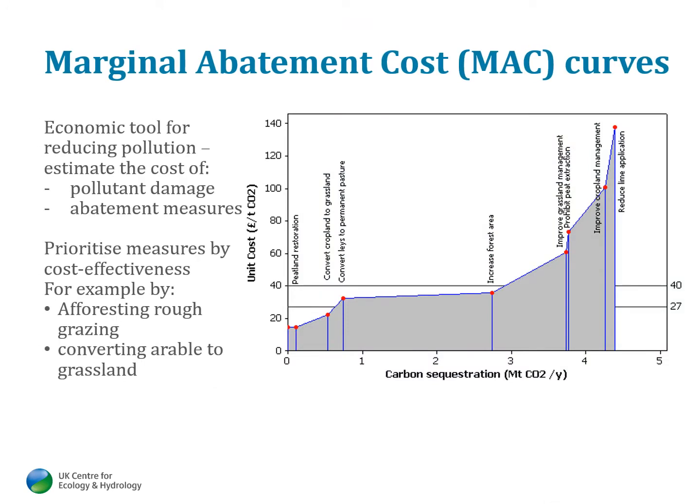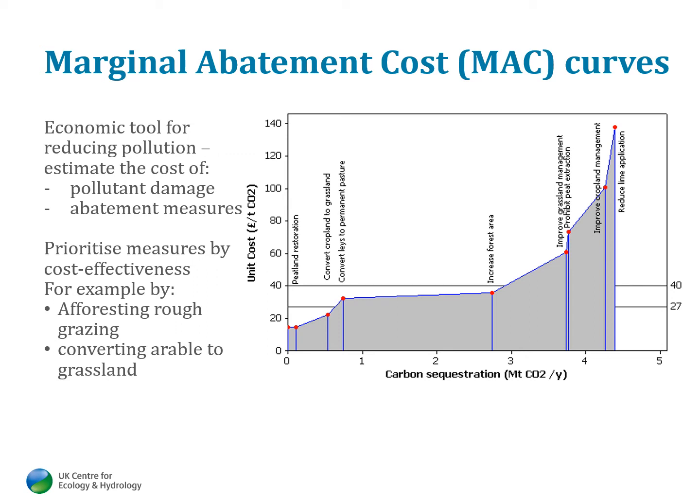Marginal Abatement Cost curves, or MAC curves, are an economic tool for reducing pollution in some kind of economically optimal way. To construct these, we need to estimate the true cost of pollutant damage and the marginal cost of all the different abatement measures.